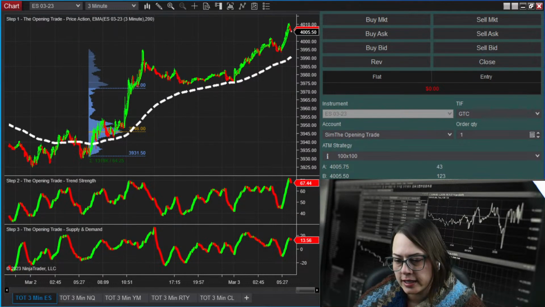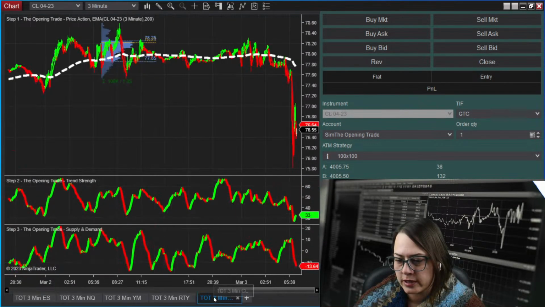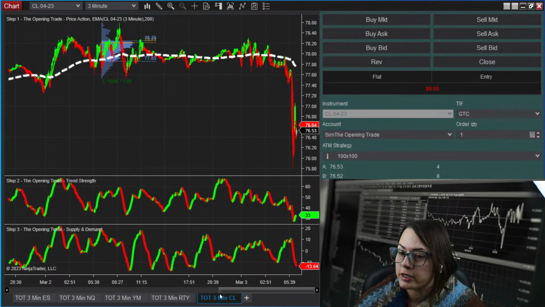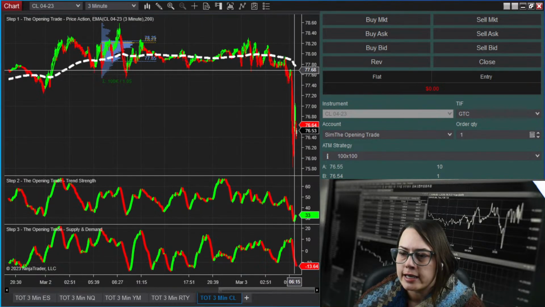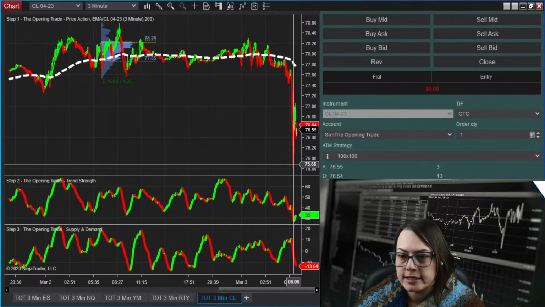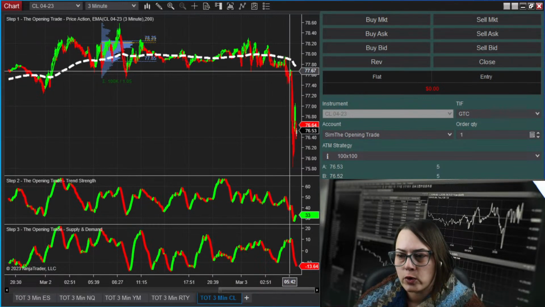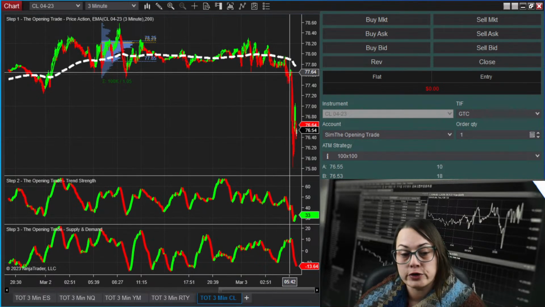So in that case, that also means what? That means that the inverse would be true. So here, this is the oil tab, and anything below the white dashed line is something that we're going to look to buy. And of course, the further away it is, the better it's going to be.